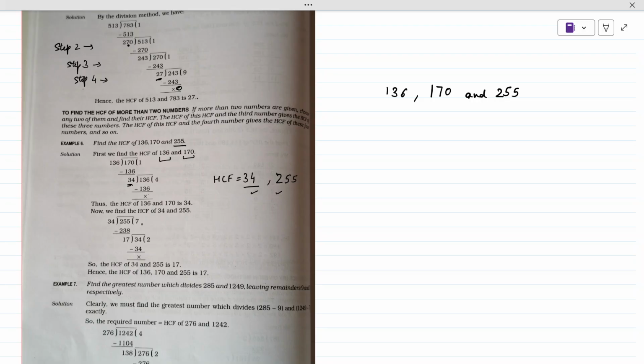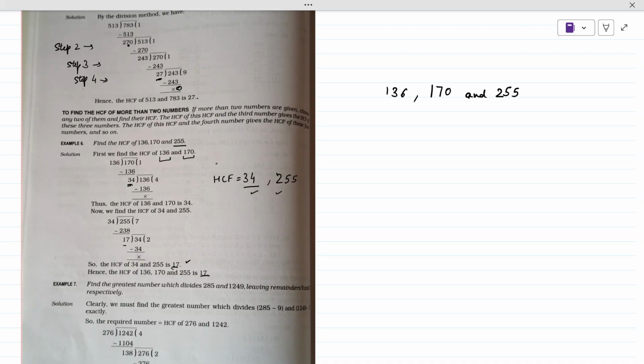Okay, so when we are doing it, we are getting a remainder 17 and again we have to divide 34 with this 17. So on doing this, we have got 0 as a remainder here. So since the remainder is 0 and that has been done using this dividend 17, that means the HCF is 17 here. So now this HCF is the HCF of all the 3 numbers given to us.